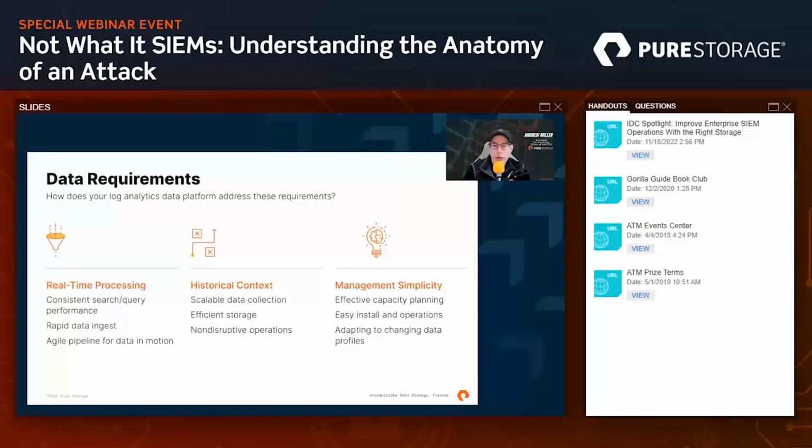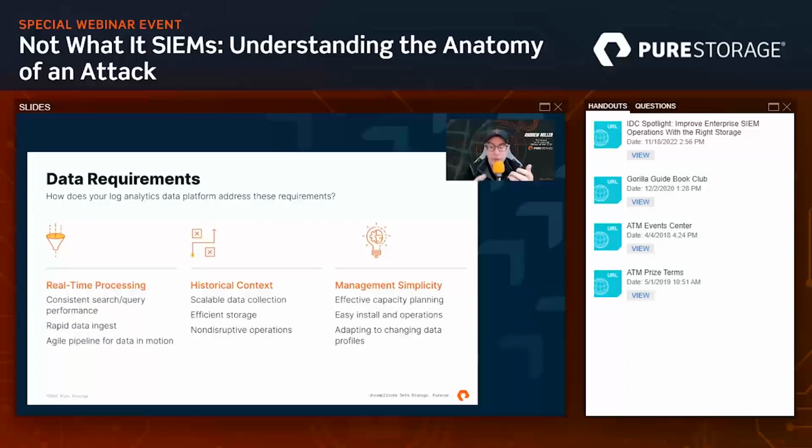And I want to highlight here, and hopefully this isn't pushing too far, we're just about to the end for everyone watching. Thanks for staying with us so far. From a pure standpoint, we do have platforms. We do have products that fulfill these capabilities. But out of respect for the tech as a platform, we decided not to make this a talk about all the FlashArray things and all the FlashBlade things. But these are the challenges, the design criteria, if you will, that we've had in mind as we built some of these products.